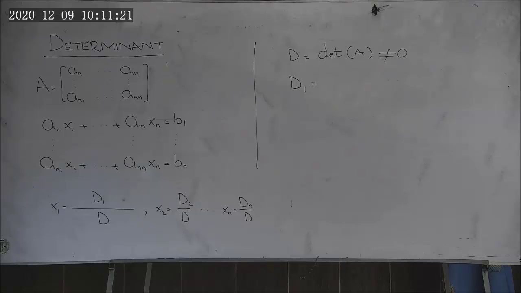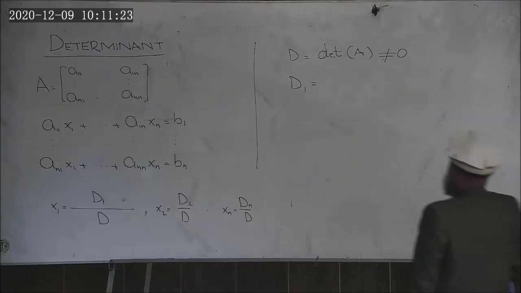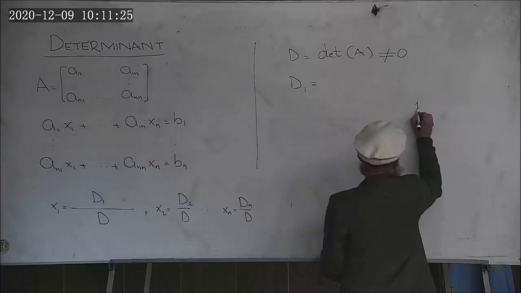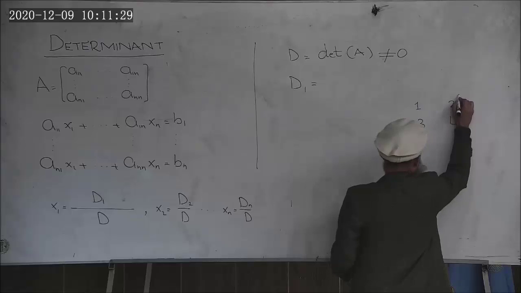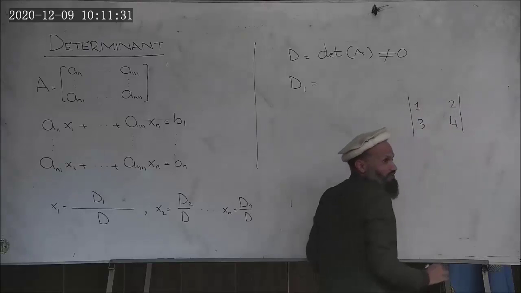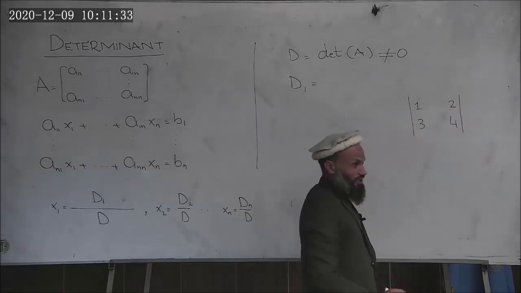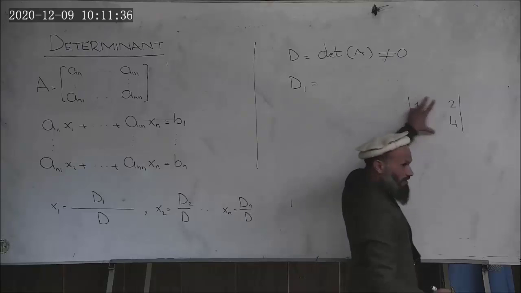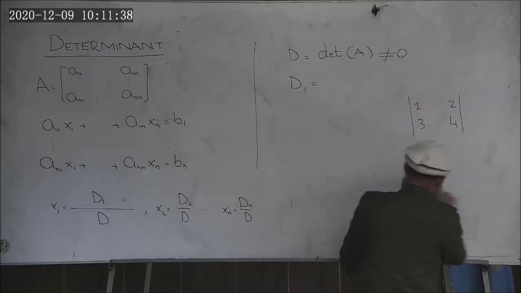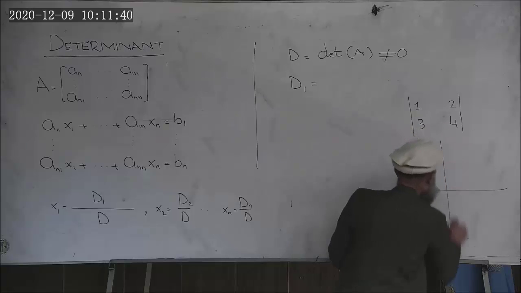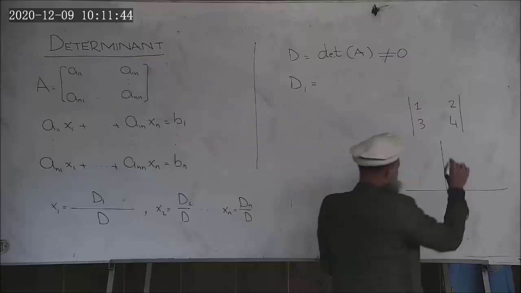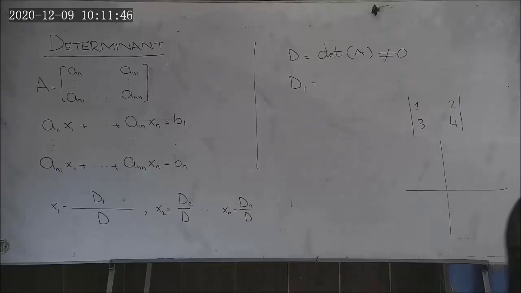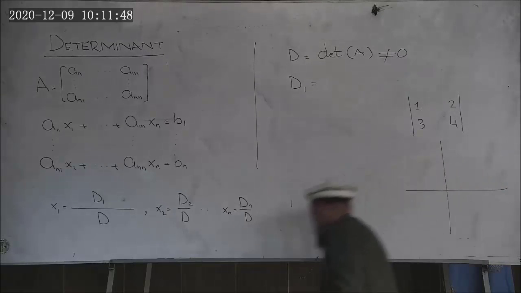The meaning of the determinant: for example, for this matrix 1, 2, 3, 4, the determinant is the area of a rectangle formed by these two vectors. What is this vector? 1, 3? Let me write the simpler one, which makes the rectangle.